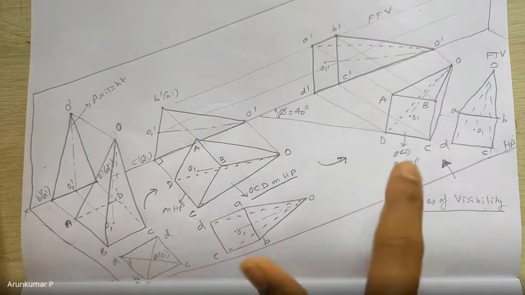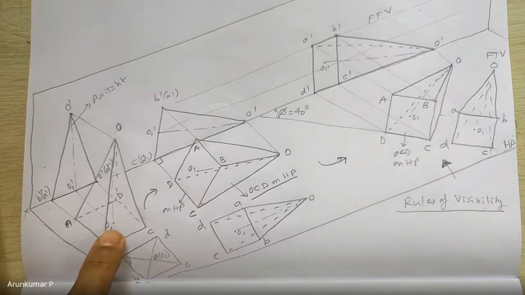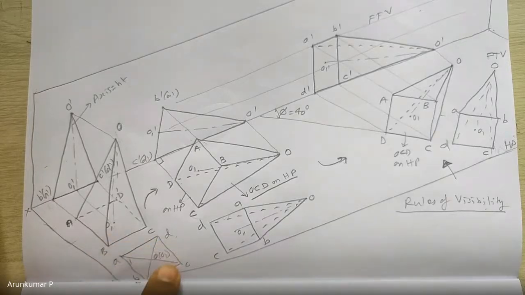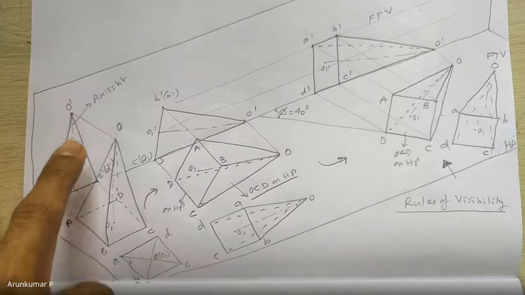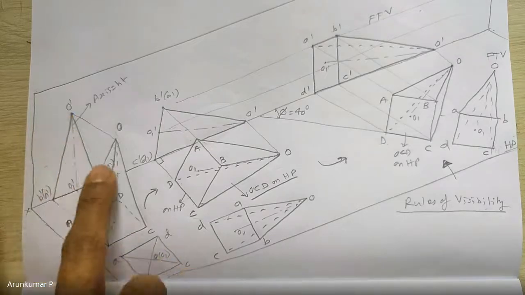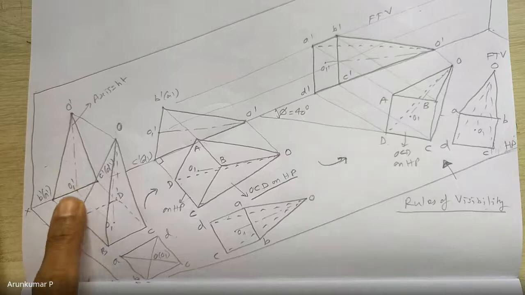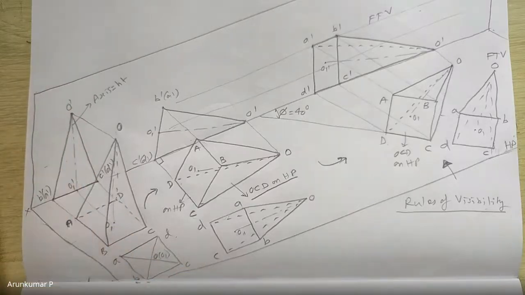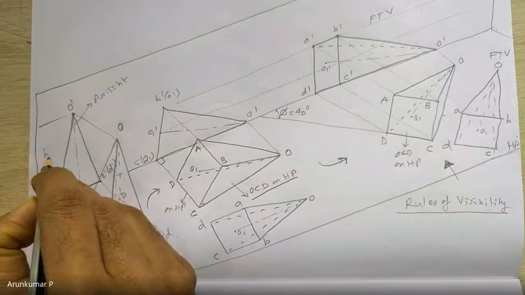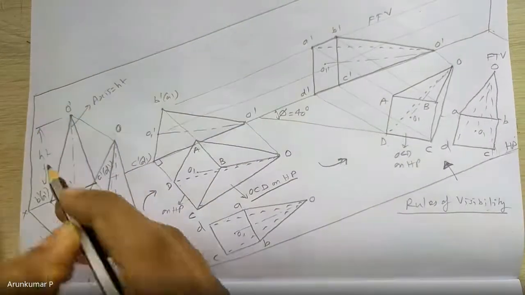You have got 3 steps. First step, solid will be on HP, and in that you'll have to draw the top view and the front view. So in this case, the top view, you will get a square and you can see the 4 triangular faces. In the front view, you will see it as a triangle, and there you can see the height of the pyramid.